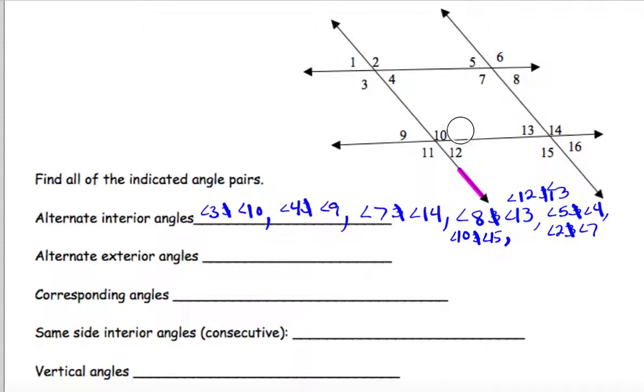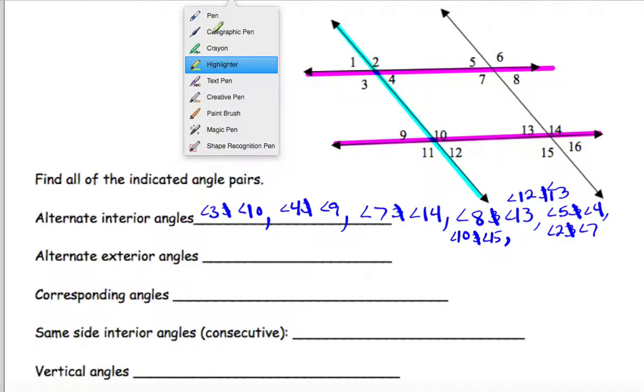All right, so now let's look for alternate exteriors. So depending on which pair of lines again. So let's use these, and the teal transversal we will use first.